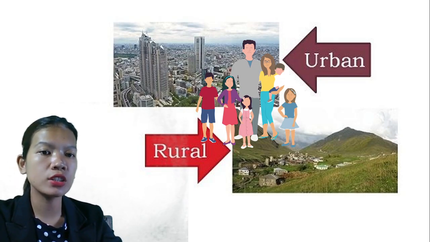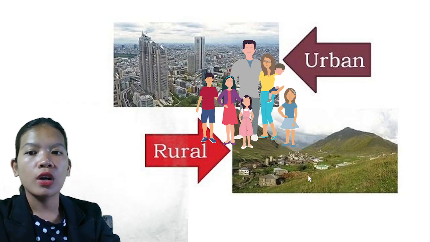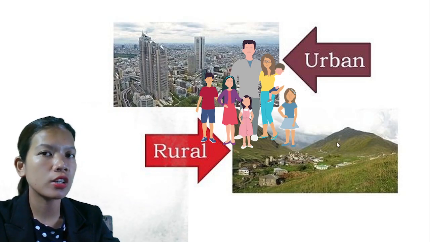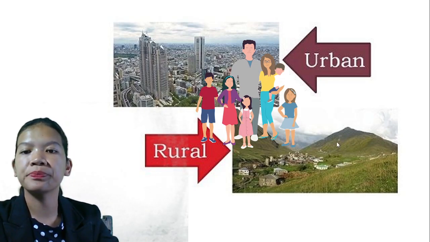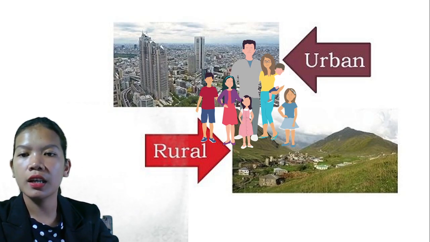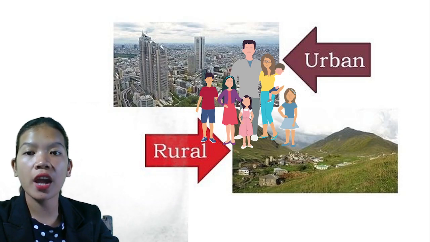On the other hand, rural families view that having many children, or having a large kinship network, or what we call extended families, or having two or more children, is better.